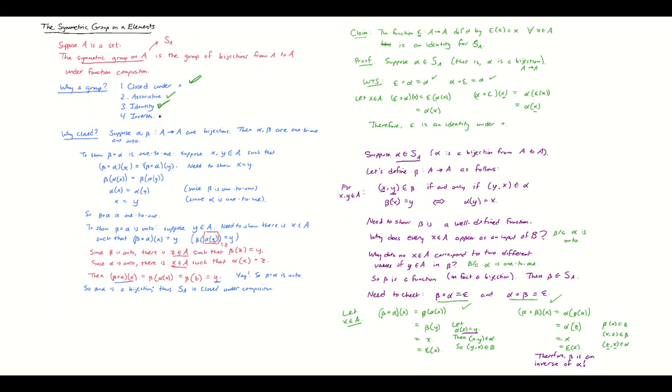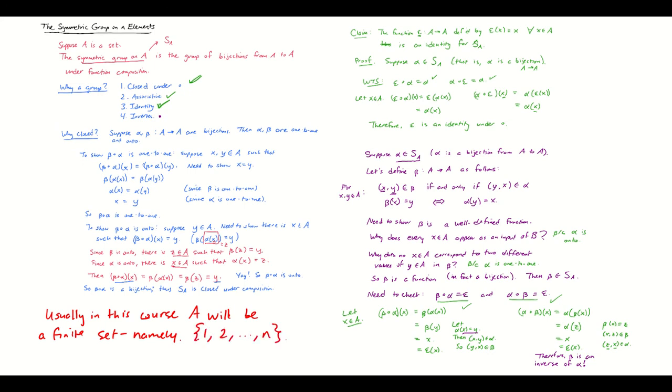It's always a group. But in this course, we're not going to use just any set A. We're going to focus mostly on finite sets. So usually in this course, A will be a finite set. Namely, the set of numbers from 1 up to n.